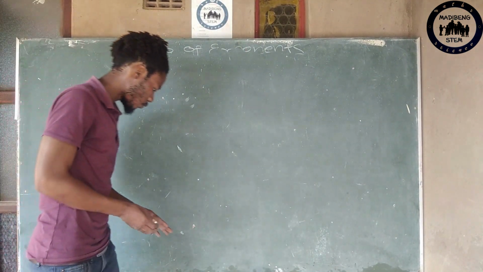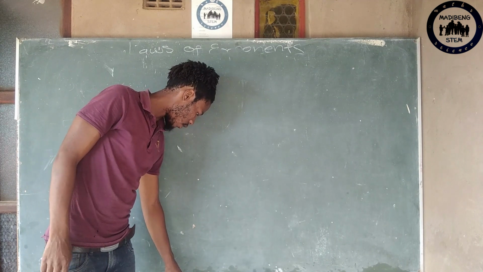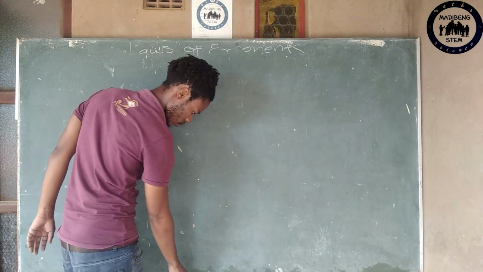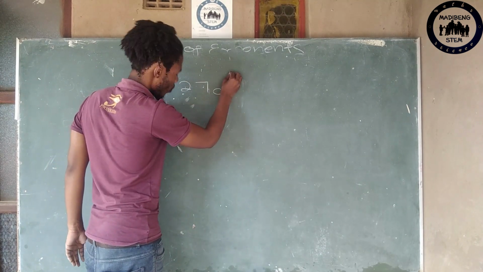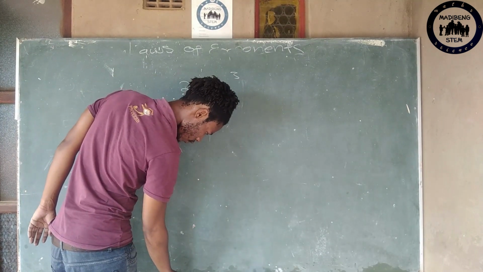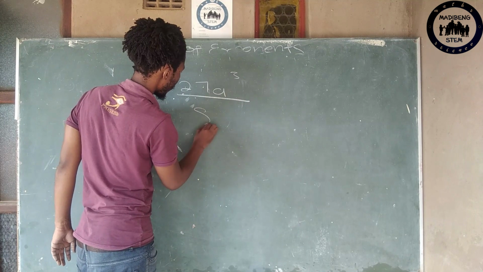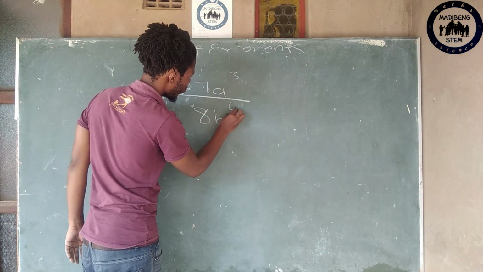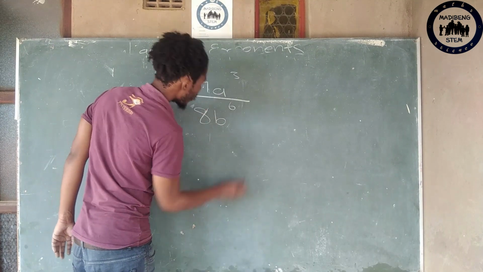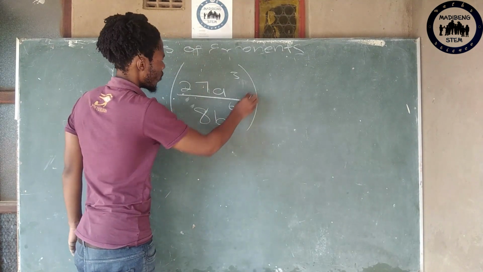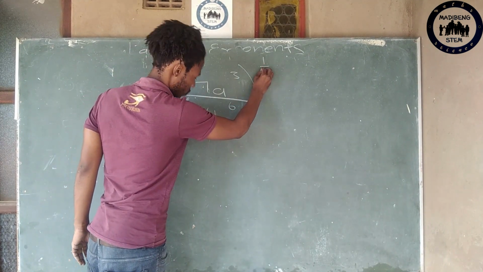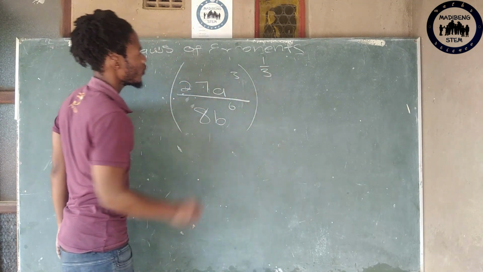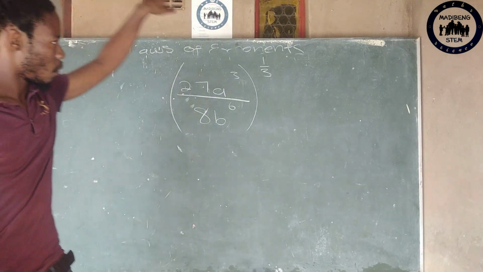So, what if now we have 27a to the power 3 divided by 8b to the power 6, then we have an exponent of 1 over 3.